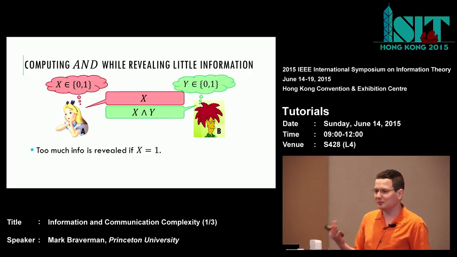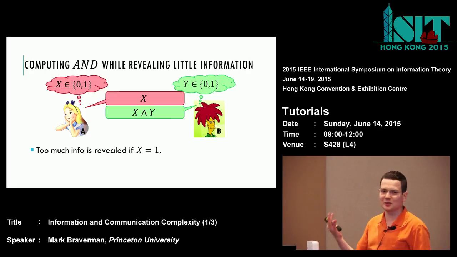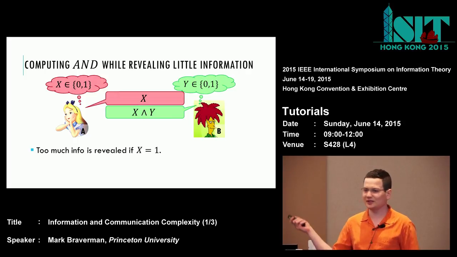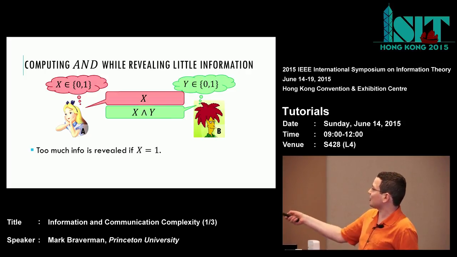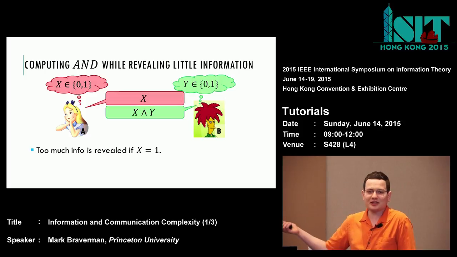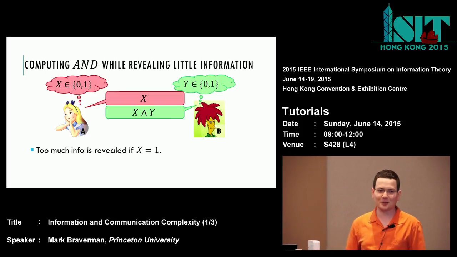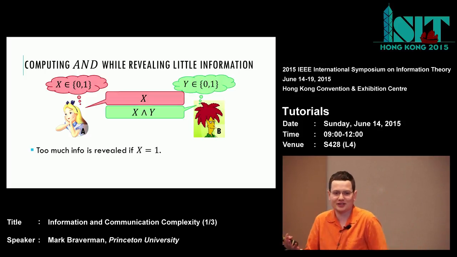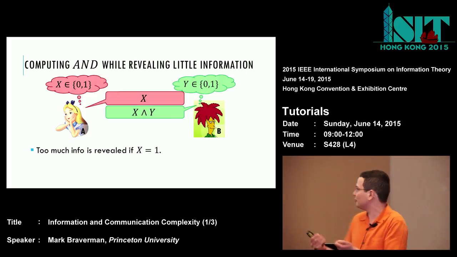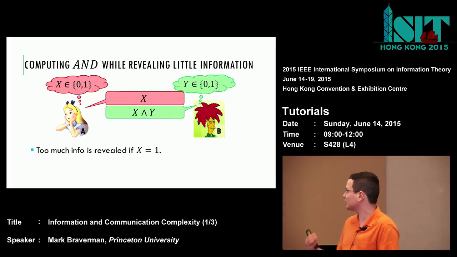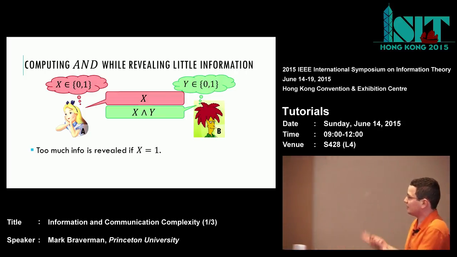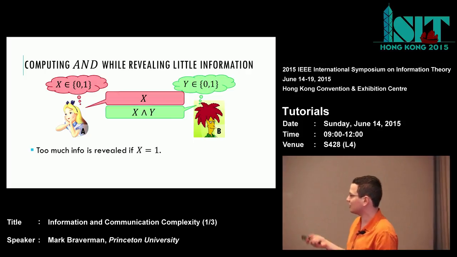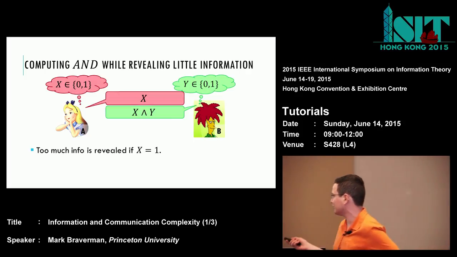I mean, it won't be a precise statement, but what's wrong with this protocol? If y is 0 and say x is 1, Bob has no business knowing that x is 1. Somehow it's a waste. He shouldn't have learned this. Maybe if we were more clever, Bob could reveal that he has a 0 without learning too much about Alice. And so indeed, that's not an optimal protocol because too much is revealed if x is 1.